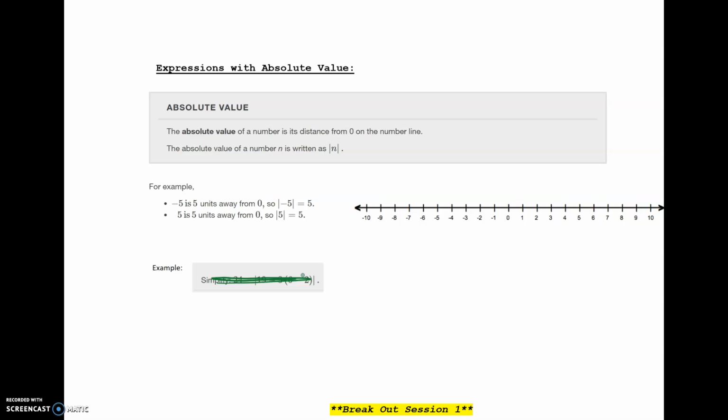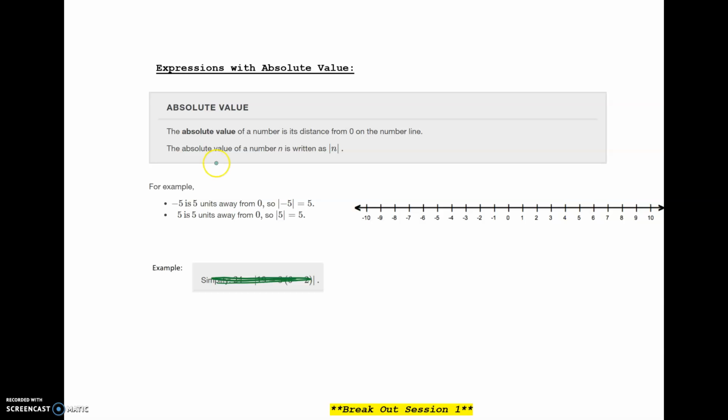Absolute value is measuring the distance a number is from 0, and distance really doesn't have a direction. You're just saying how much did you actually travel, not in what direction did you travel, which would be positive or negative. You're just saying what is the actual distance? How far is it from 0?